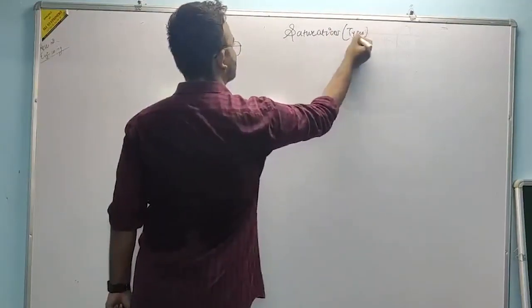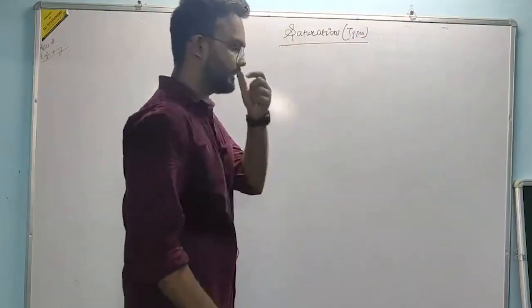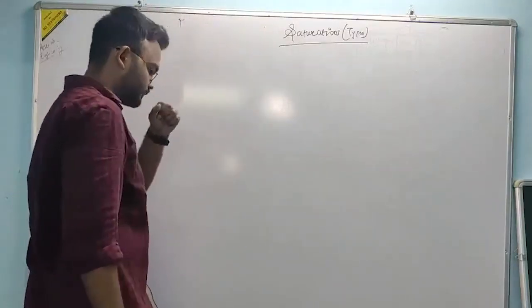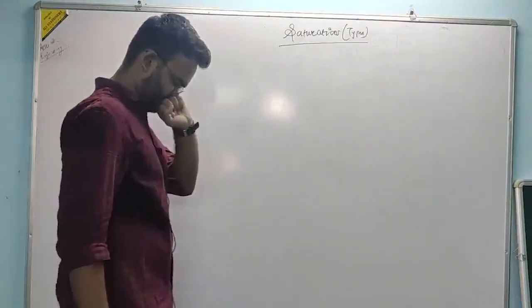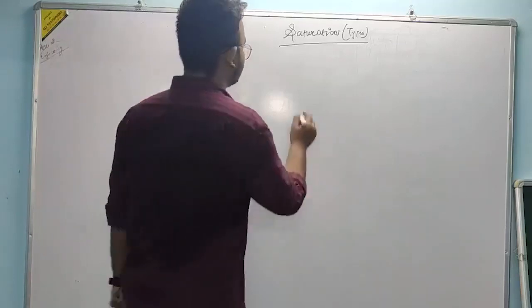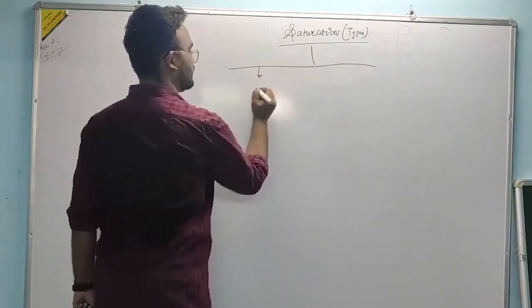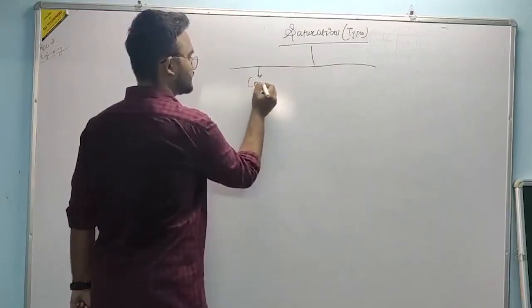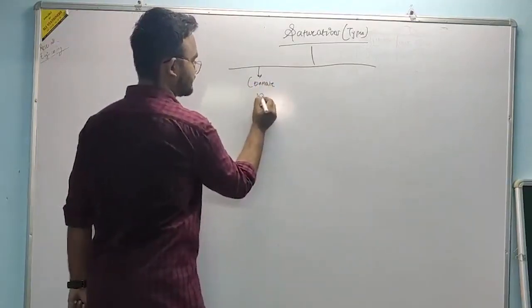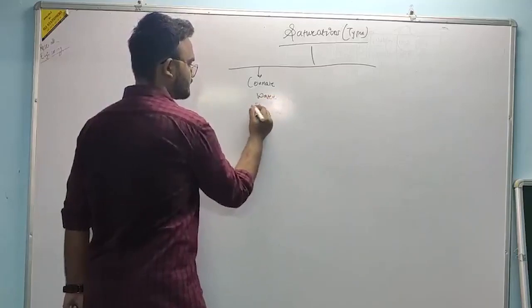Types, or it's not fair to call them types, but different kinds of saturations, or the terms related to saturation that you will come across. One is connate water saturation.